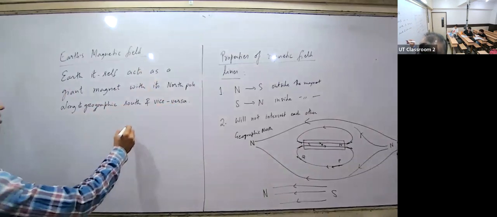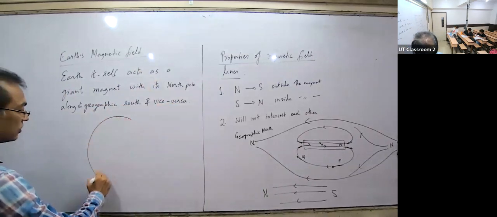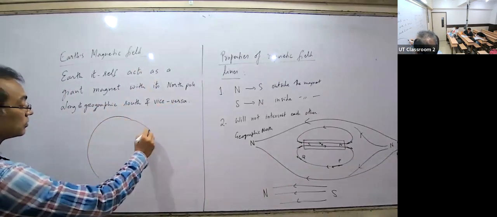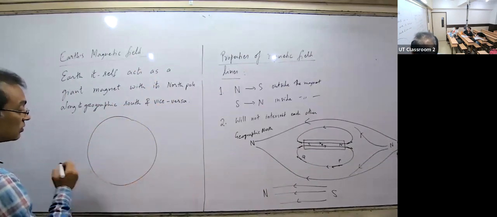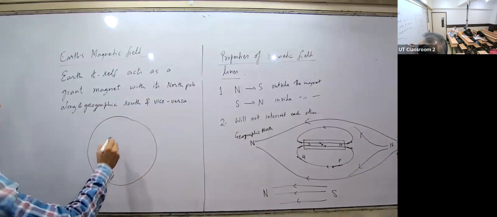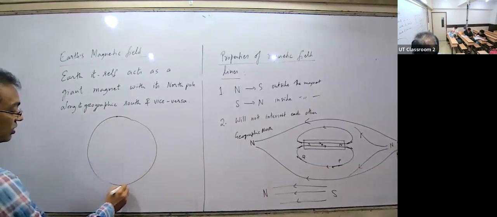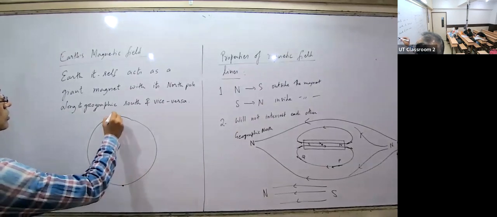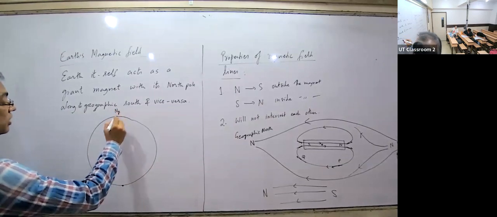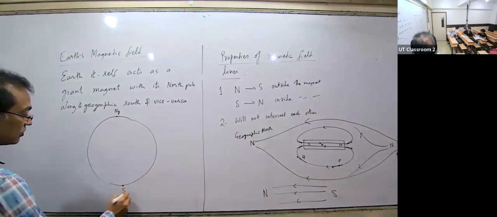So if this is Earth, right? So it has its axis of rotation. So this is geographic north and this is geographic south.